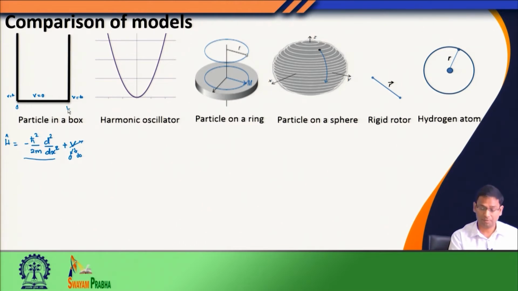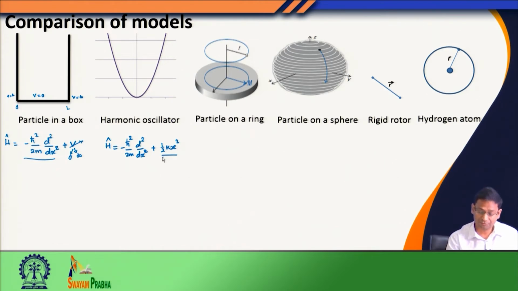Next, we took up the harmonic oscillator, where the Hamiltonian, again we have a particle, whose kinetic energy is again given by d square by dx square. We are defining this harmonic oscillator in one dimension, plus there is potential energy, and this potential energy is the harmonic potential, half k x square, where k is the force constant corresponding to this oscillator.